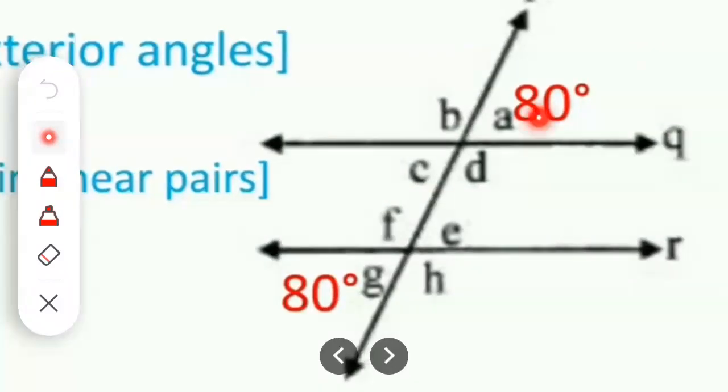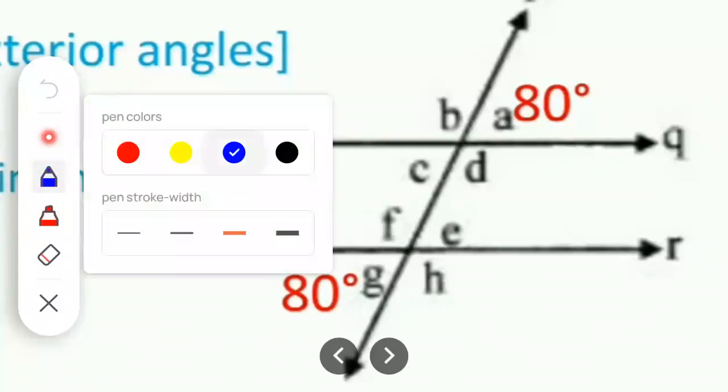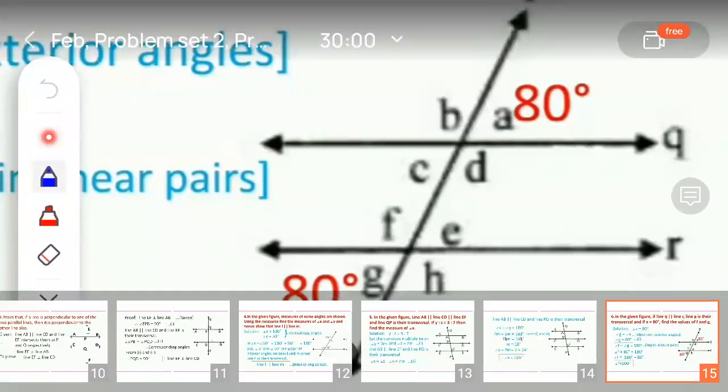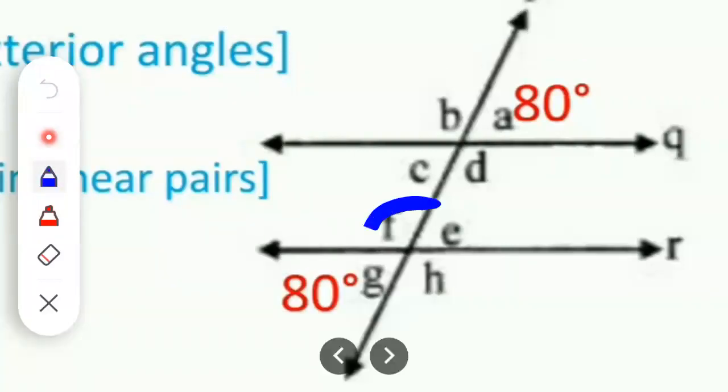See, A is 80. Which we have to find, just mark it before. So we have to find the value of F and another, G. Now see, as A is 80, by linear pair of angles, you can find the value of D, that will be 100.